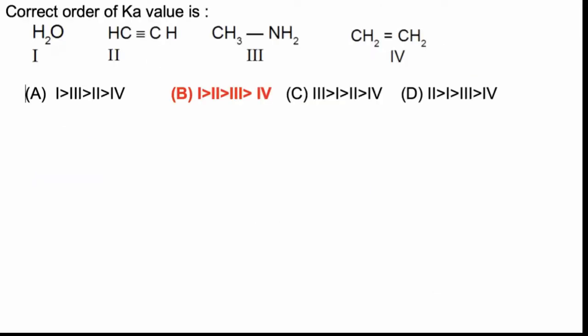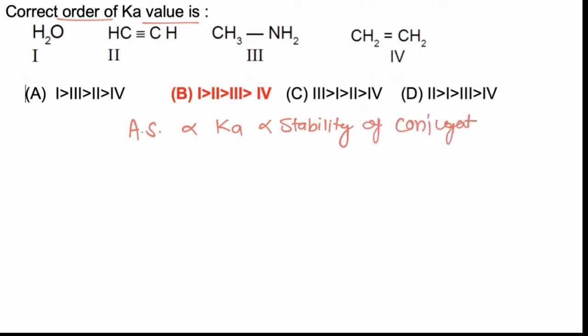In this question, we have to find the correct order of Ka value of the given acids. Now K value of an acid depends on acidic strength. With increasing acidic strength, K value also increases, and acidic strength of a species depends on the stability of the conjugate base. The conjugate base is formed after removal of H positive ion. So if we compare the stability of the conjugate base, we can compare acidic strength.